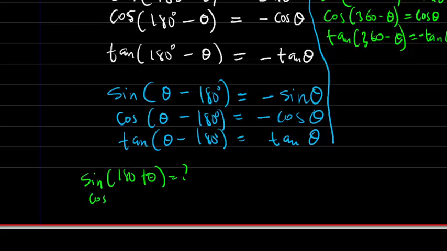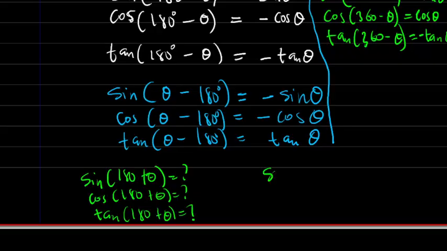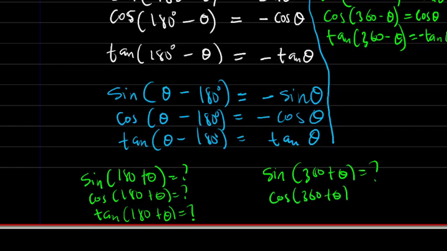What about cos 180 plus theta and also tan 180 plus theta? You mention the quadrants and you also give the answer. So what about sine 360 plus theta, cos 360 plus theta, and tan 360 plus theta?